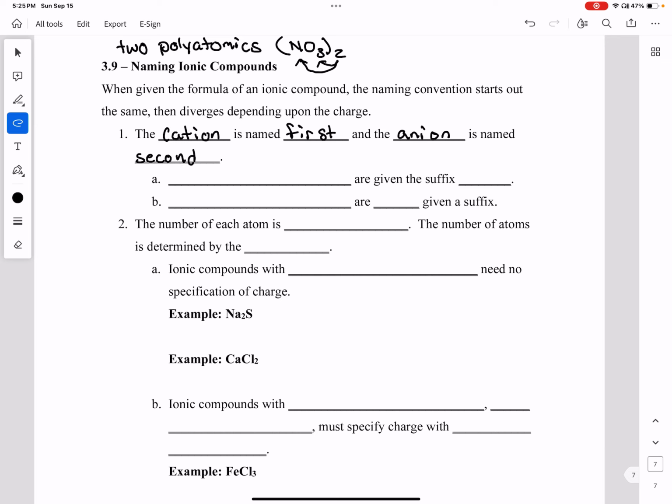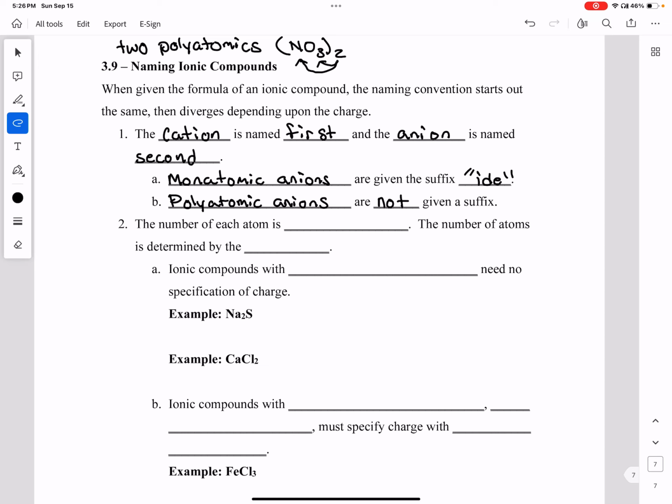Monatomic anions are given the suffix "ide", and polyatomic anions are not given a suffix.